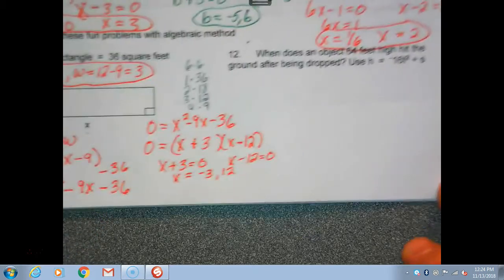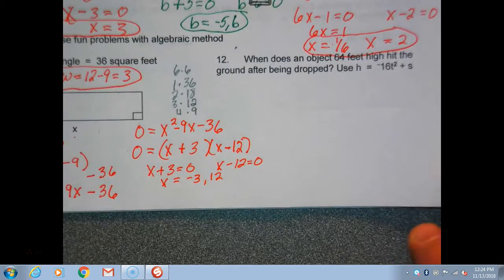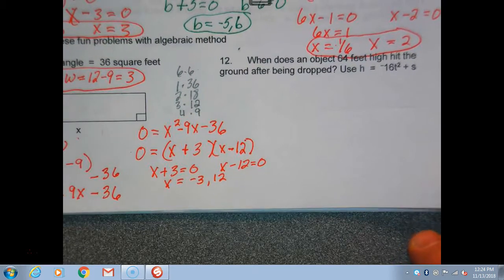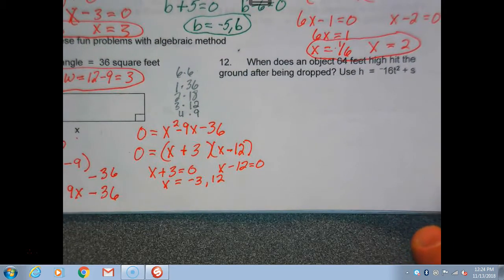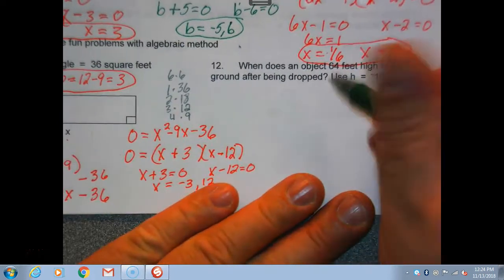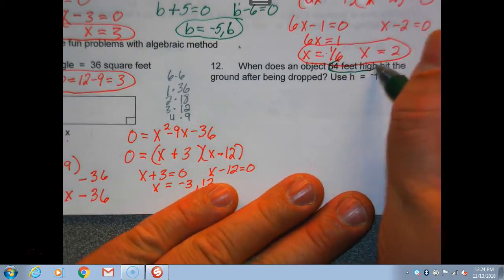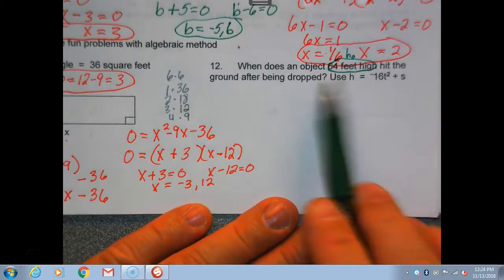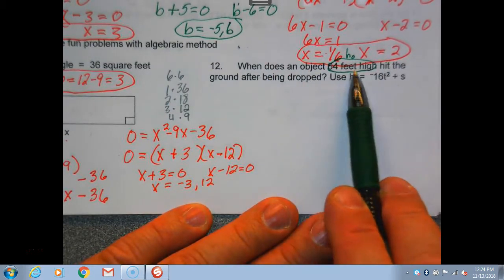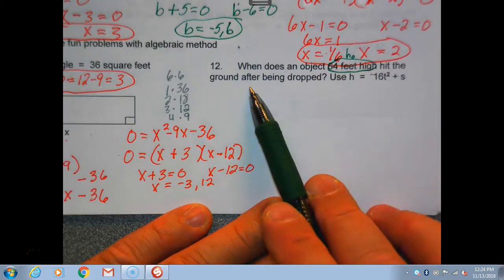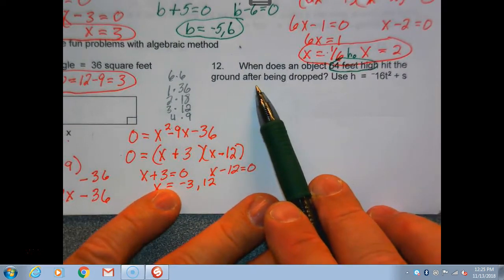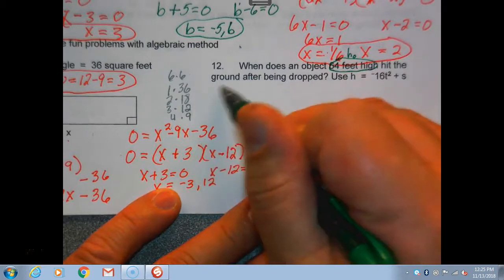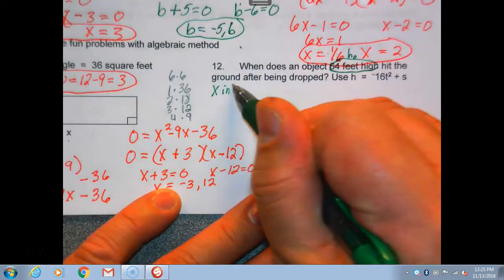Number 12. Remember these? Remember from Friday? When does an object 64 feet high, what is that? What's 64 feet? Initial height. That's my h of 0, right? When does an object 64 feet high hit the ground? What is that? Hit the ground. X-intercept, right?